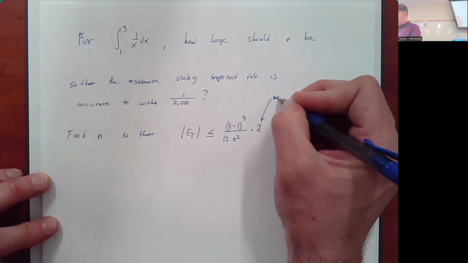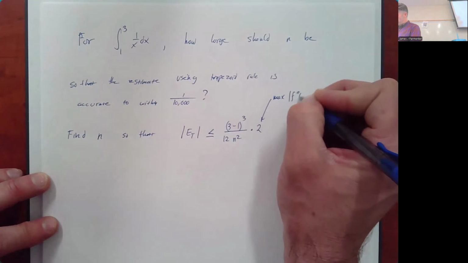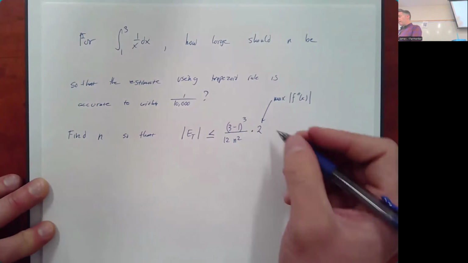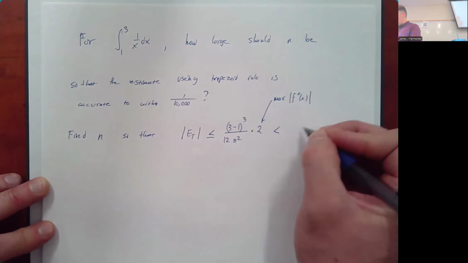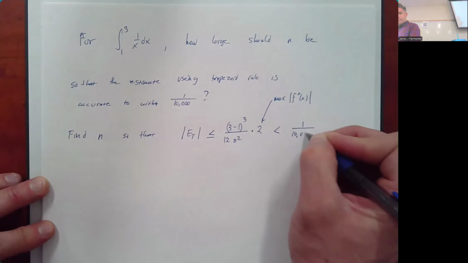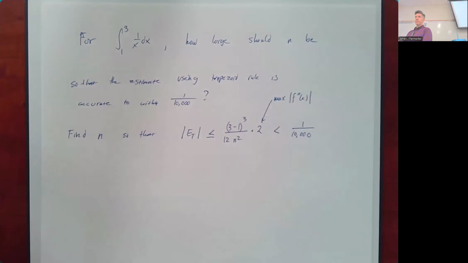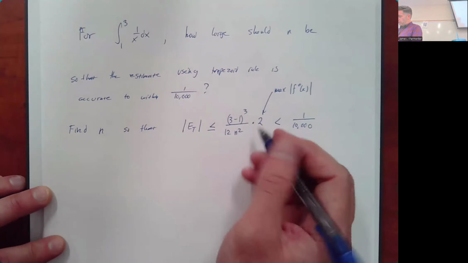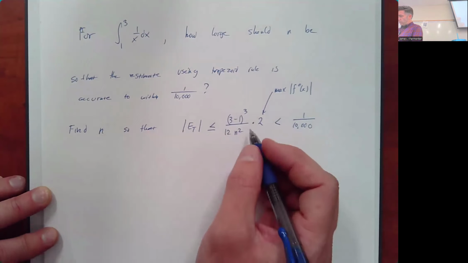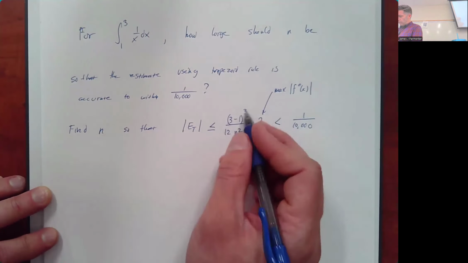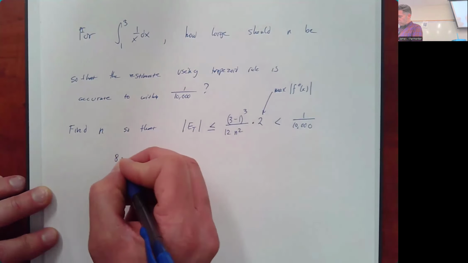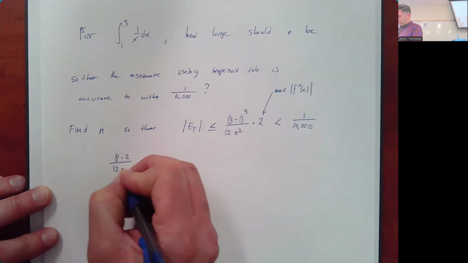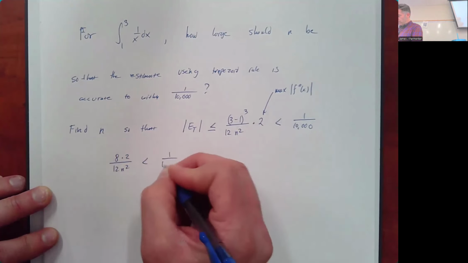That's the max of the absolute value of f double prime. We want that to be less than 1 over 10,000. And so our job here is to solve for n, which isn't too bad. Simplifying the left-hand side, we have 2 cubed, which is 8, times 2, divided by 12n squared, is less than 1 over 10,000.